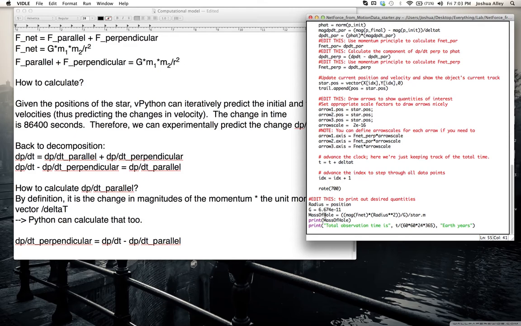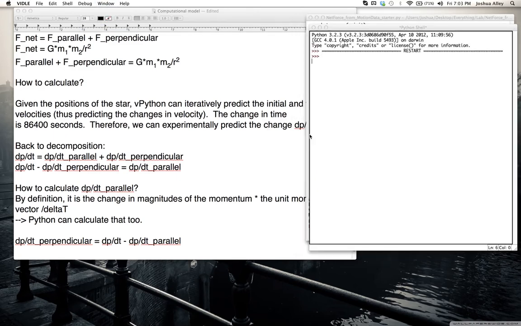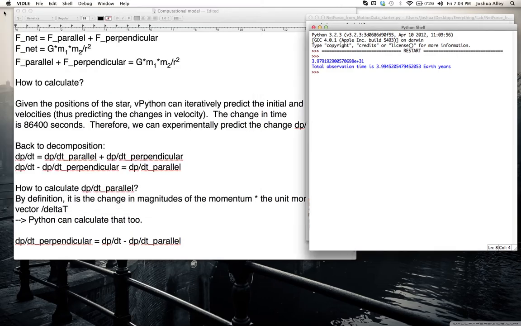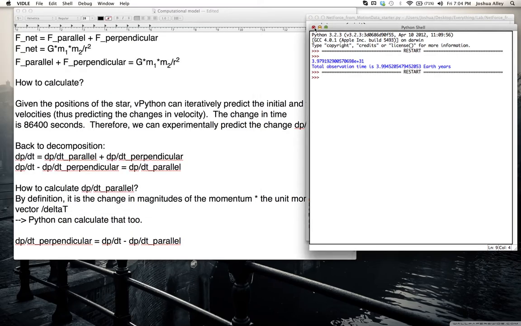As stated earlier, the mass of the black hole is equal to the magnitude of Fnet times the radius squared divided by the gravitational constant divided by the star's mass. When I run the module, I get that the black hole's mass is indeed 3.979 times 10 to the 31 kilograms, which WebAssign determined to be the correct output.